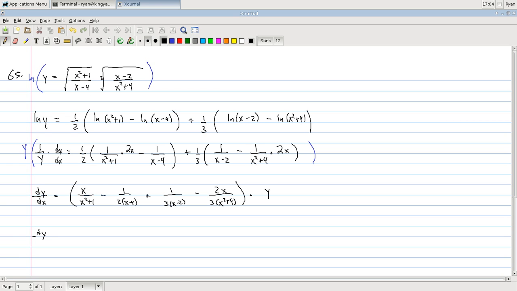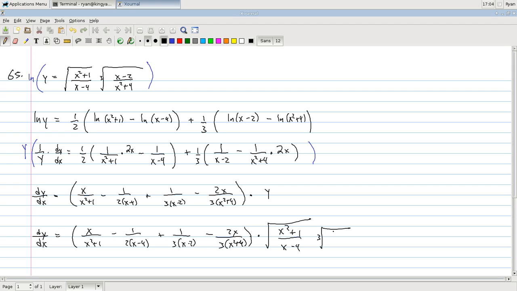So finally, we can rewrite our derivative as dy/dx equals these four terms, x over x squared plus 1 minus 1 over 2(x minus 4) plus 1 over 3(x minus 2) minus 2x over 3(x squared plus 4). All of this times y, which was this radical expression. This leaves us the square root of (x squared plus 1) over (x minus 4) times the cube root of (x minus 2) over (x squared plus 4).